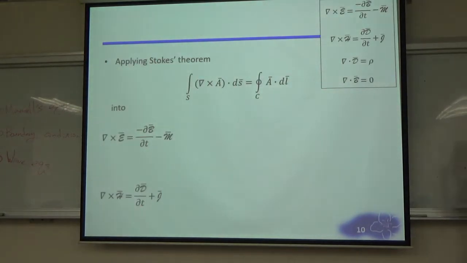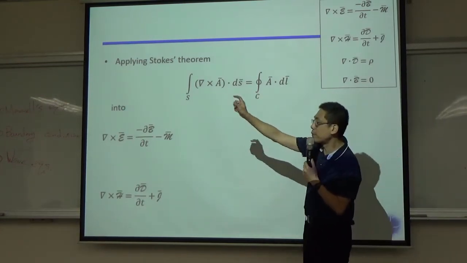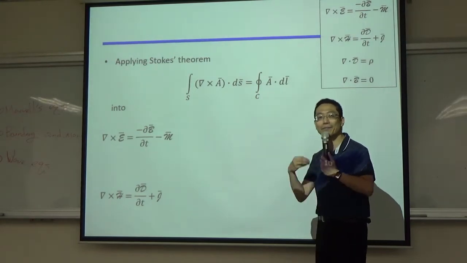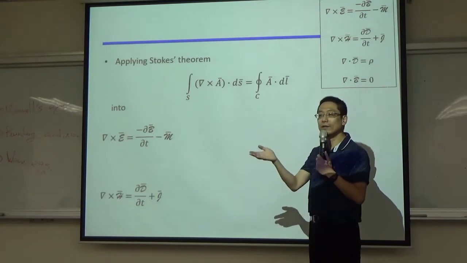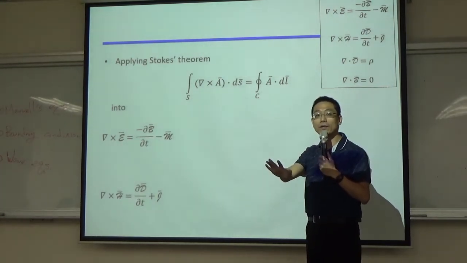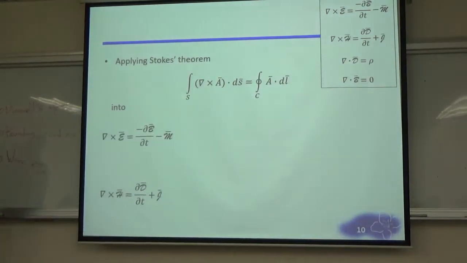Also, we do a very similar thing for the first one and the second one, because we are running out of time. I try to hurry up, so please just check the PowerPoint later. Okay, you can do a very similar thing for the first equation and the second equation.